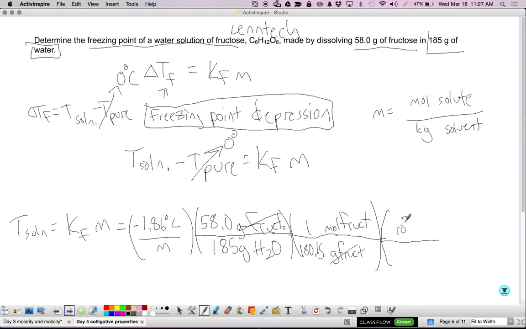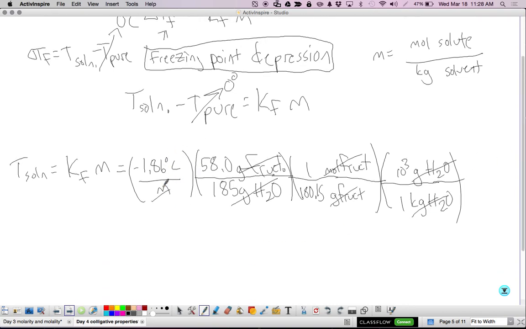So 10 to the third grams water and 1 kilogram water. Now my units are moles of fructose over kilograms solvent water, which is the same thing as molality. So that means that this cancels with this and this. And the unit I'm left with is degrees Celsius, which is what I want.